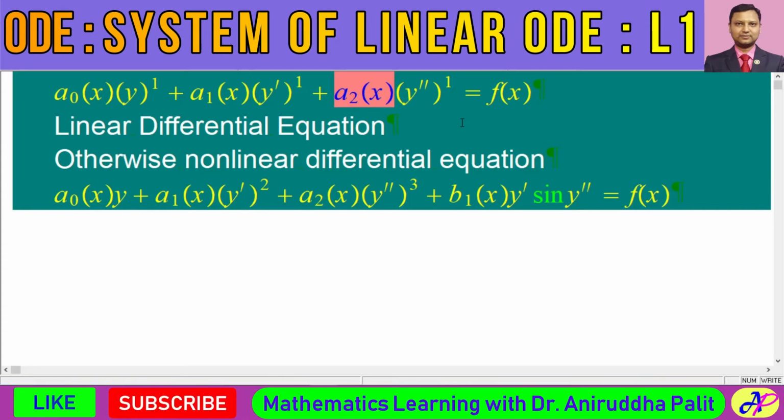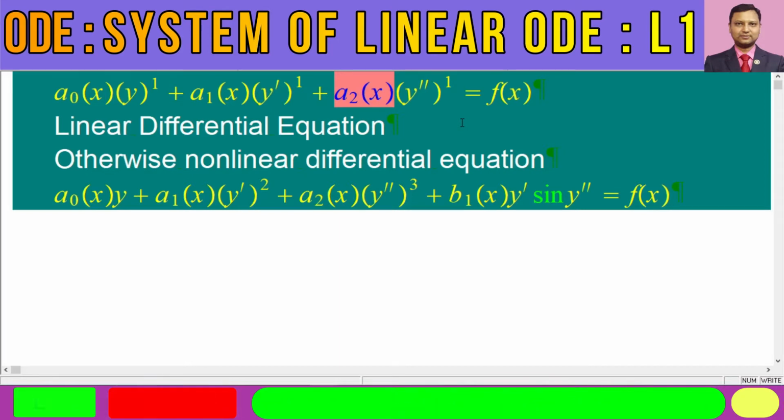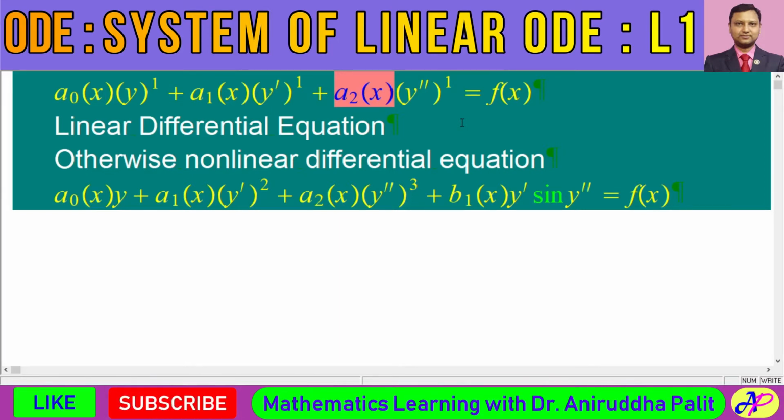It would make our study a little easier for us, because whenever these coefficients are constant, there is a definite technique for solving a linear ordinary differential equation.